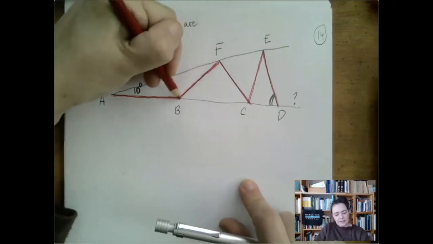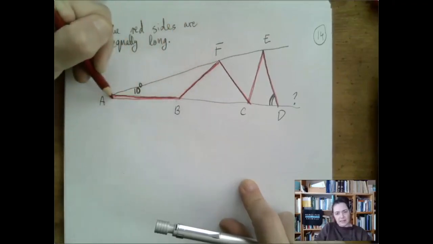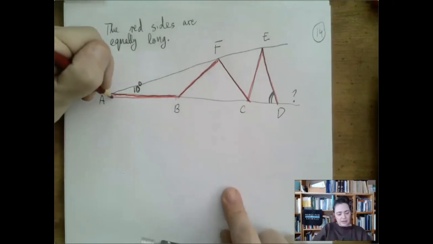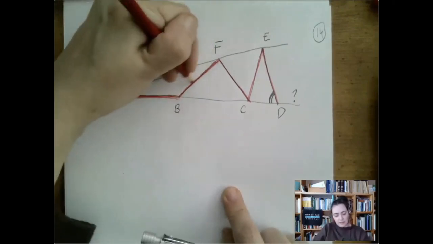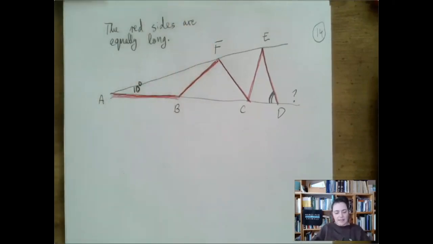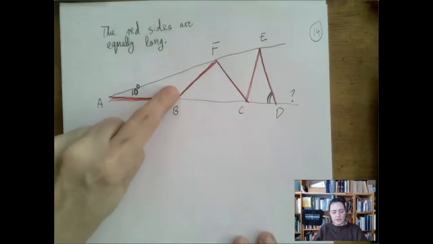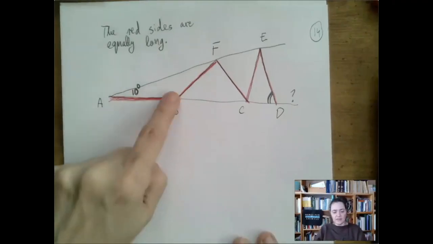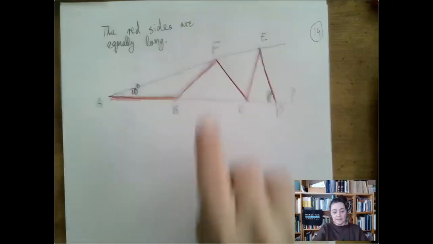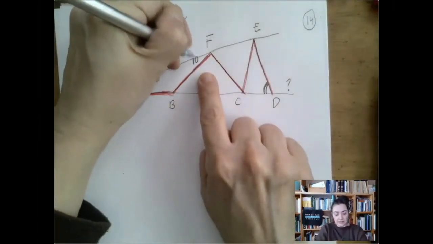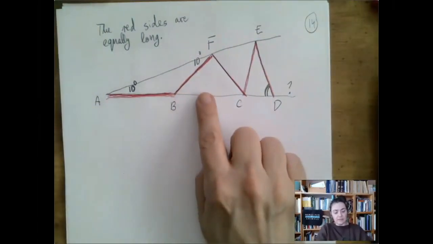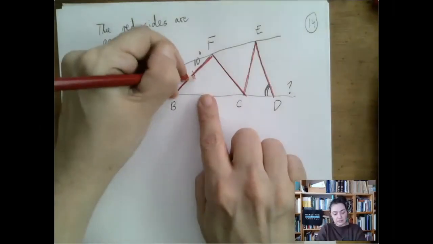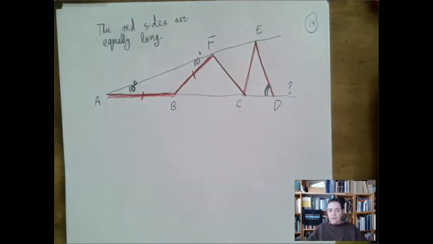AB and BF are equally long. That means the angles opposite those two sides are equal in measure. And the picture is kind of obvious. This is a huge obtuse angle, so this is not going to be 10 degrees. This, on the other hand, is 10 degrees because these two sides are equal to each other, right? Good. Now what can we find next?